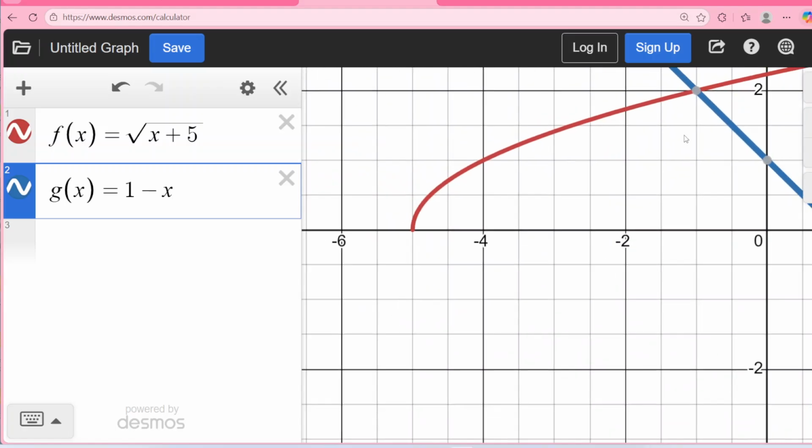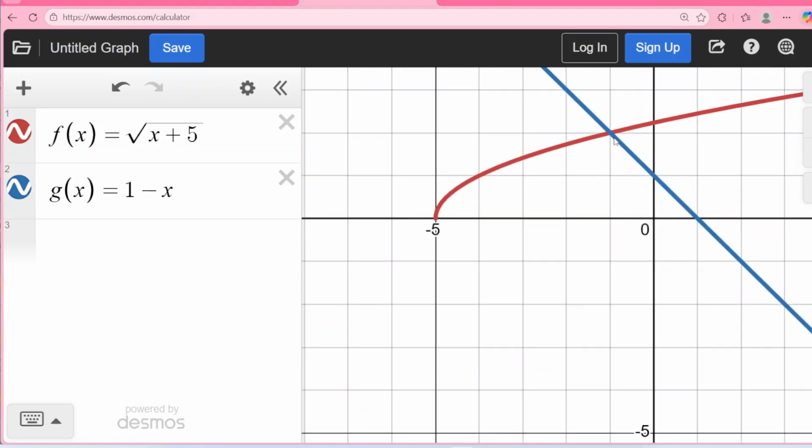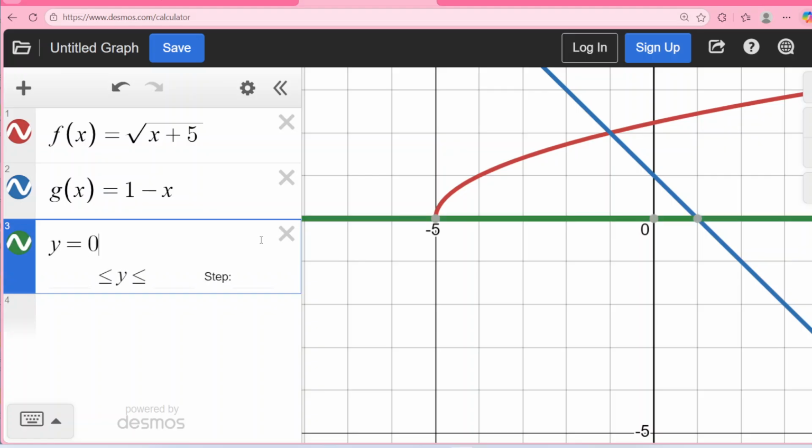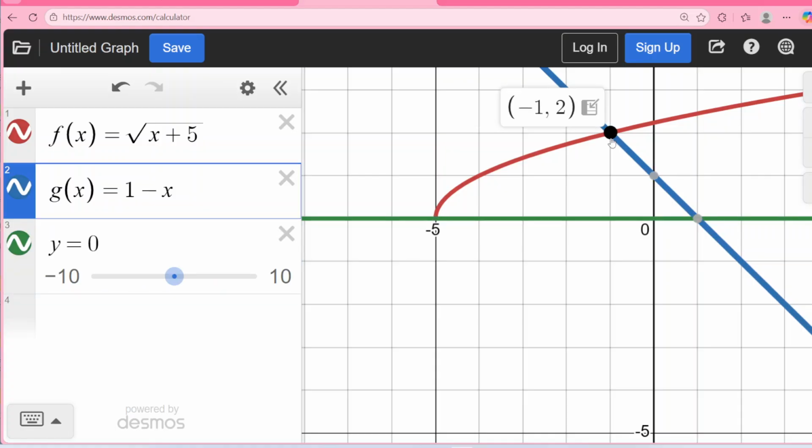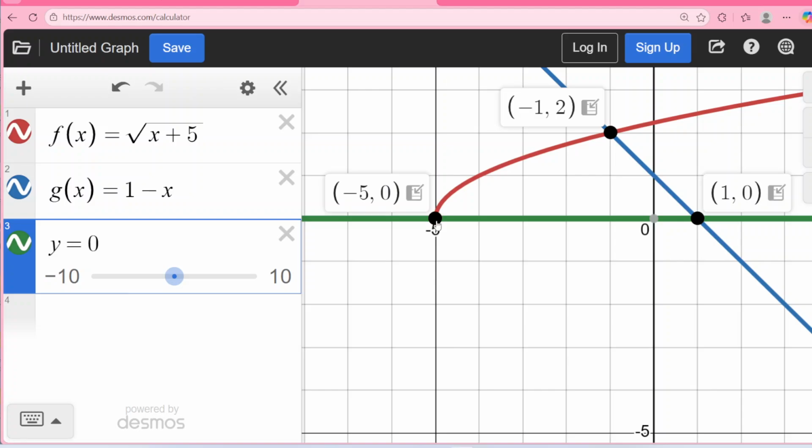Now, they said it was bounded above by these two curves, so red on top, blue on top, and then the x-axis, y equals 0 on the bottom. So this red here to where they meet, see they meet at x equals -1, and then the left end is at -5, 0, right end at 1, 0, and this area in between is like a triangle, but it's not a triangle.